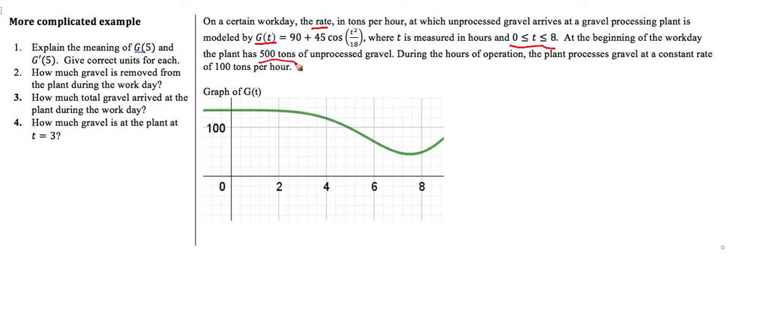Okay, so 500 tons here is not a rate, it's the amount. During the hours of operation, the plant processes gravel at a constant rate of 100 tons per hour. So, for your convenience, I have graphed this function here, G of t equals 90 plus 45 cosine of t squared over 18.